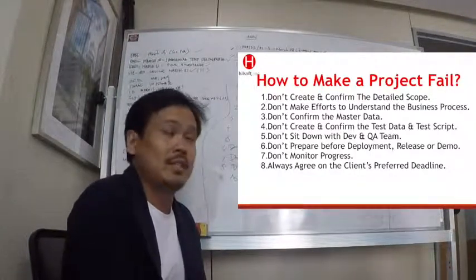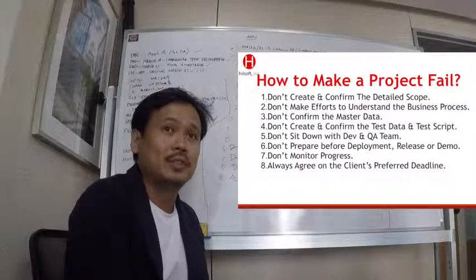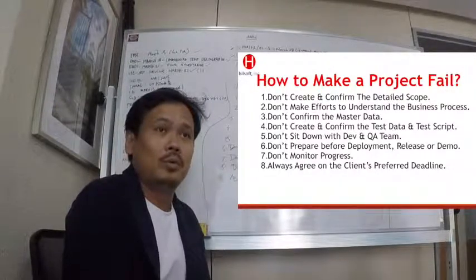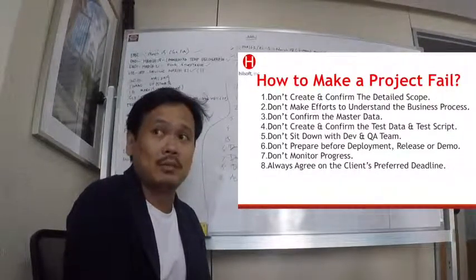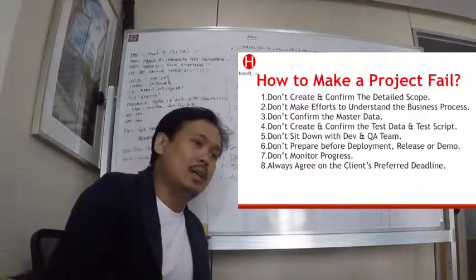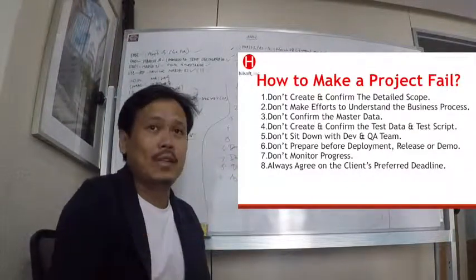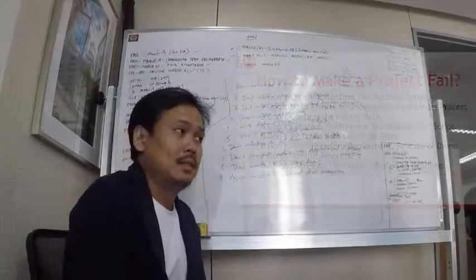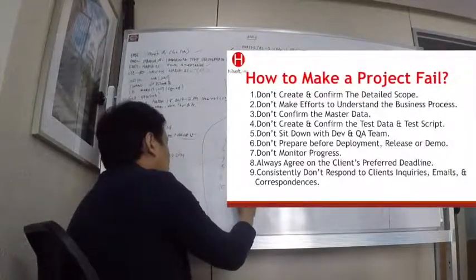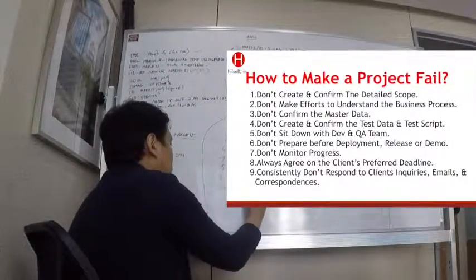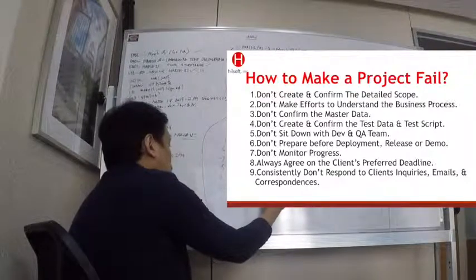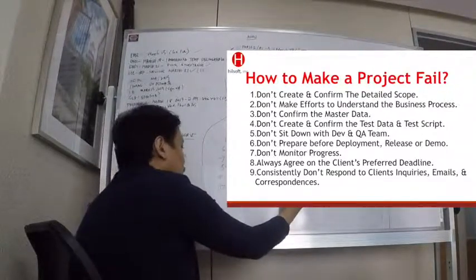But of course, it doesn't mean that we will not make efforts to comply as much as possible, like adding additional developers, working overtime if possible. I'll add one thing: consistently don't respond to them.